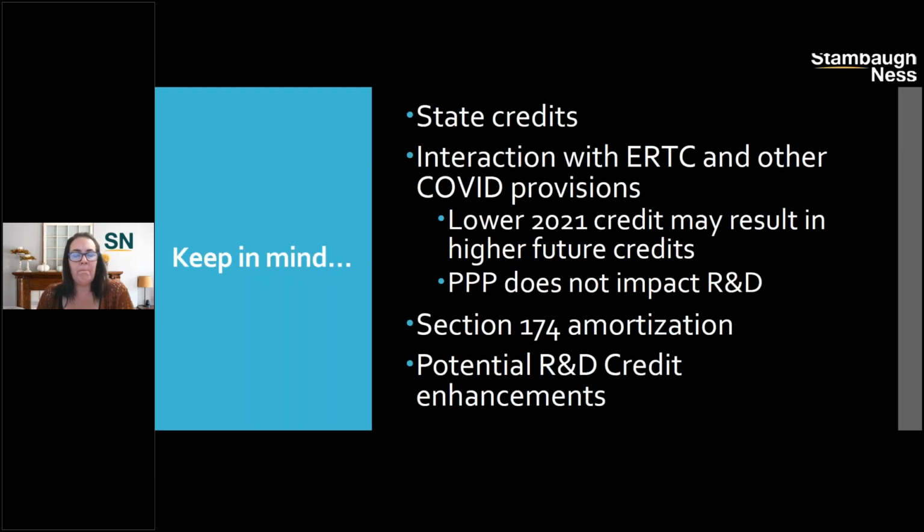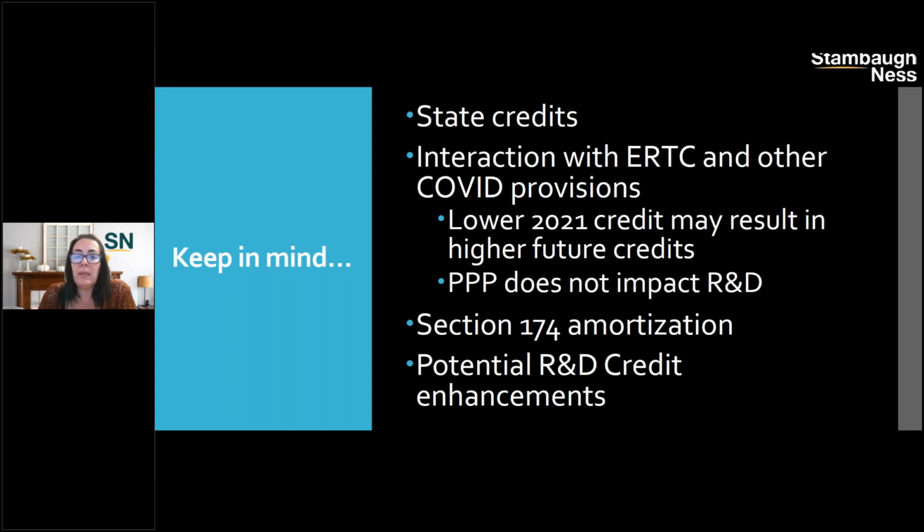A couple things we wanted you to keep in mind: remember that what we've been talking about so far has been the federal R&D tax credit. So that's the credit taken on the federal return, whether it's your C corporation tax return, 1120S, or individual return passing through to the individual, or the partnership return.